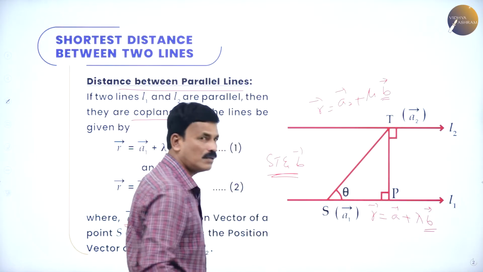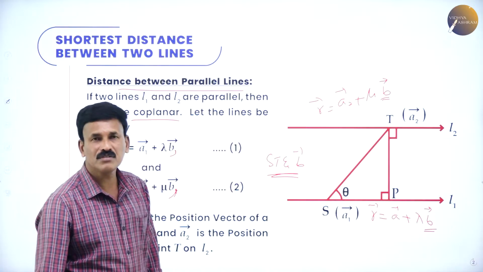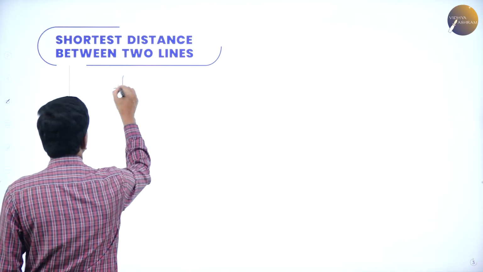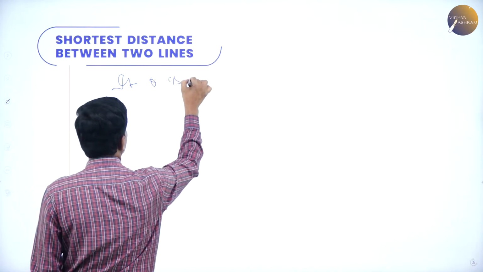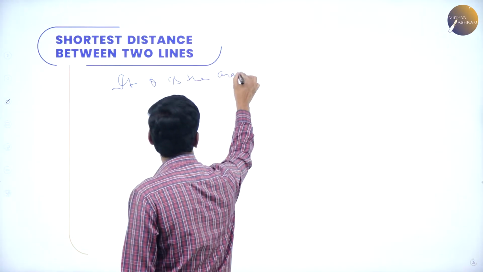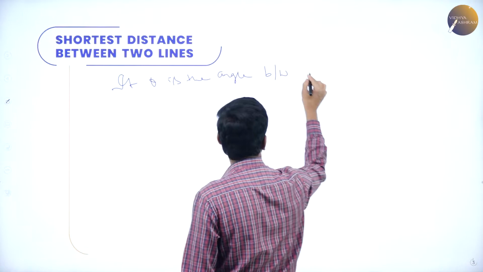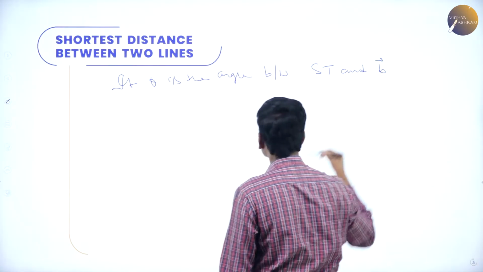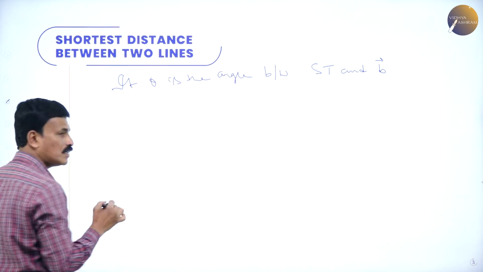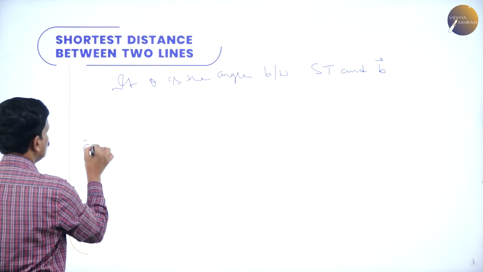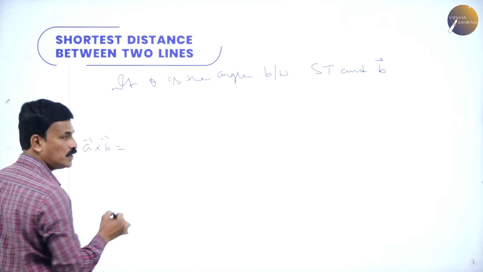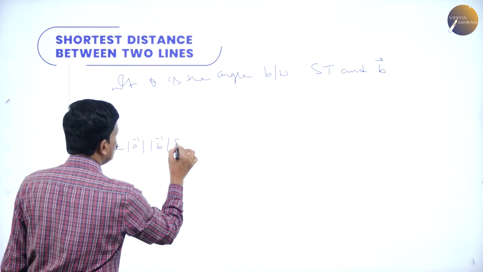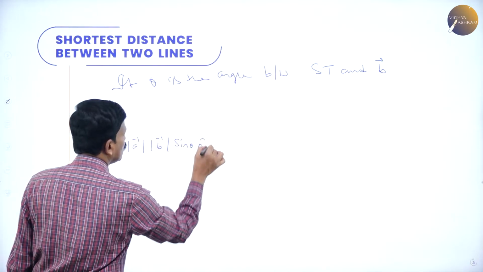If theta is the angle between the line ST and the vector B, then the cross product of these two is given by sin theta. What is A cross B? We know the cross product A cross B can also be written as length of A into length of B sin theta into n cap.